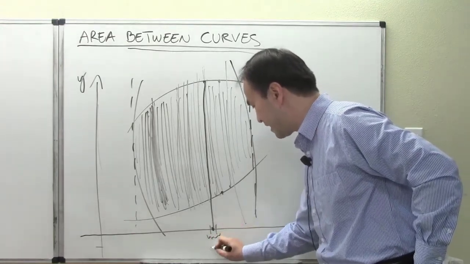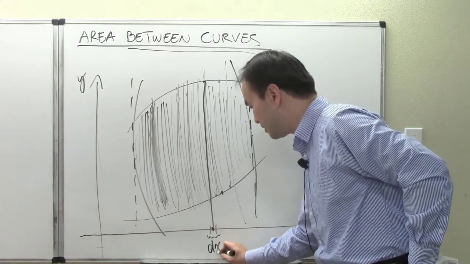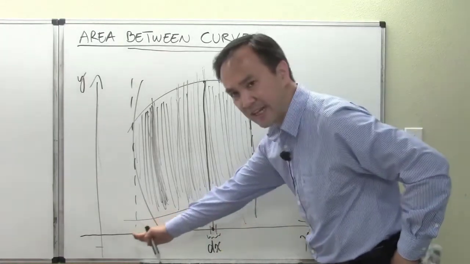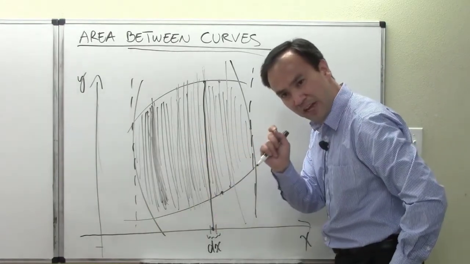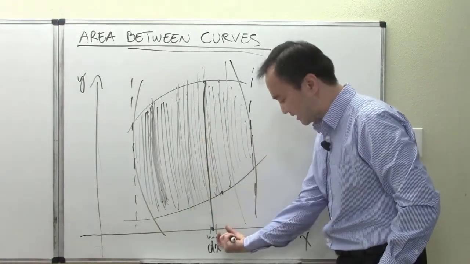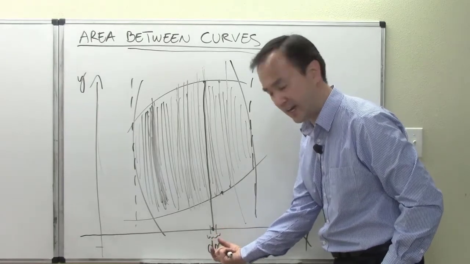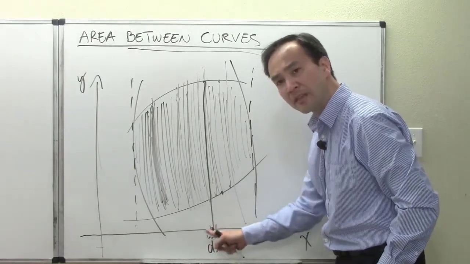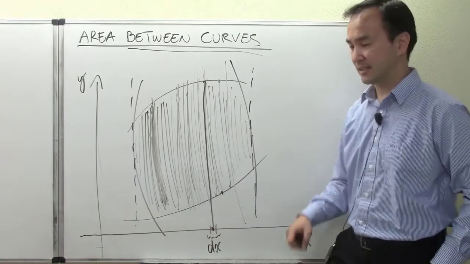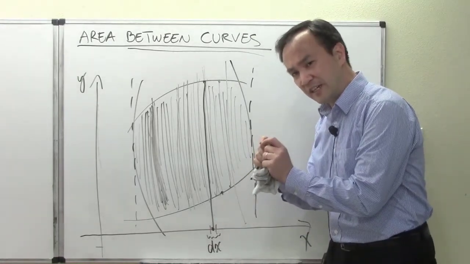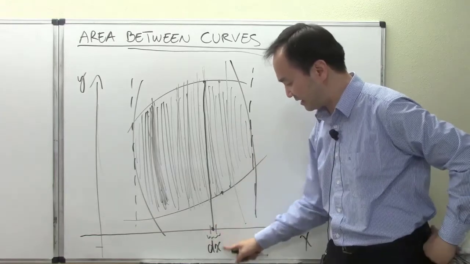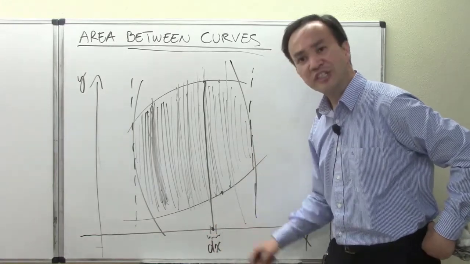But that is the differential dx, because we're on the x-axis. The thickness, with us having some mathematical understanding, is quantified as the difference between some two x values on the x-axis. And when the thickness becomes infinitesimally small, it becomes a differential dx.